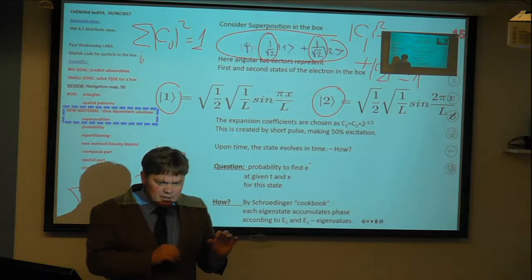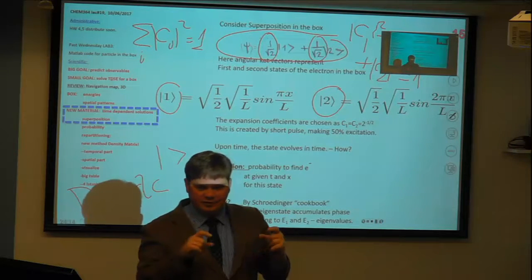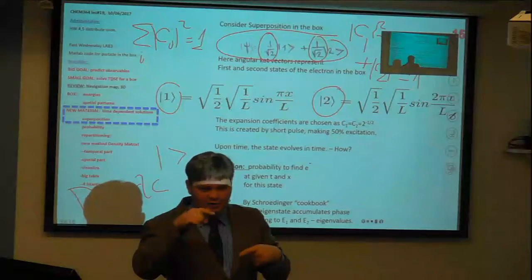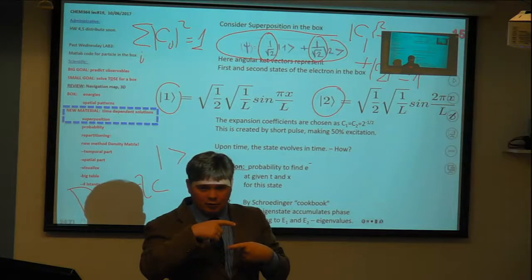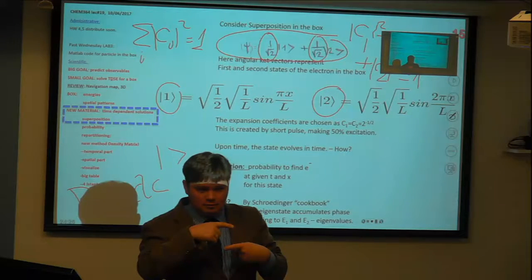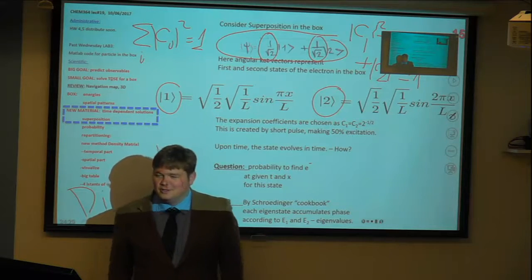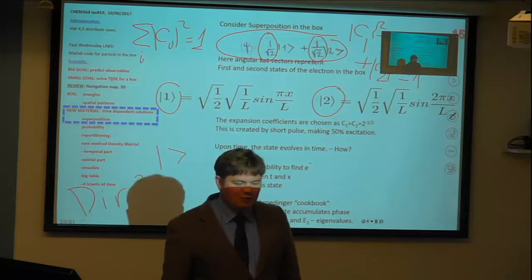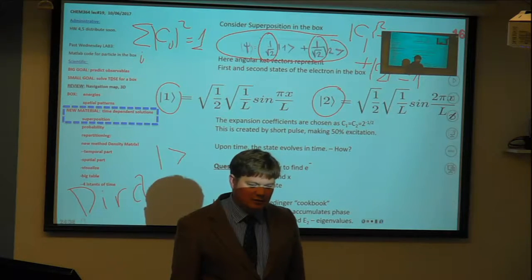Do we expect to change the ratio, the 50 to 50% ratio between probability of ground and excited states? Let's practice democracy. Who will vote that the probability of electron residing in either ground or excited will change with time?